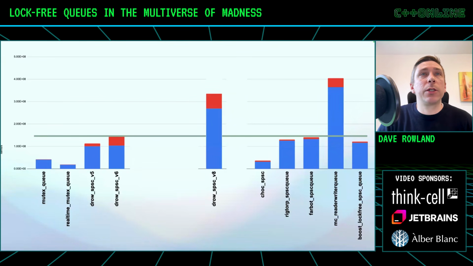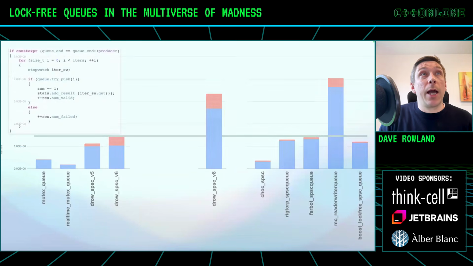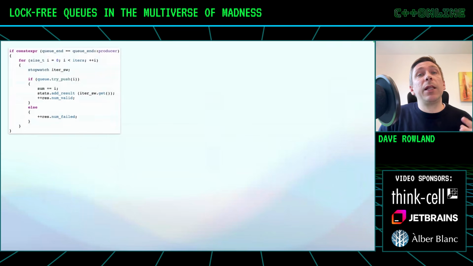Okay, we've got our version 6 queue, and then the one using fences, and a couple of others that are available. Now at this point, I'm going to switch up the benchmark to not just pushing and popping items. We're going to try and simulate some work, and to do that, we're going to fill in that empty space that I had at the start. So now we're going to time, using std::chrono steady_clock, how long a push and a pop operation take. We're going to keep a running sum, which I use for testing and validation.